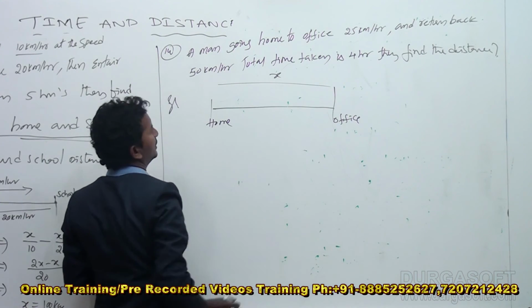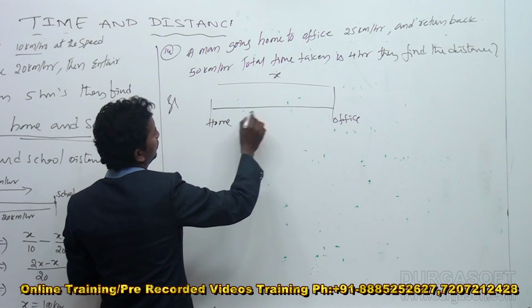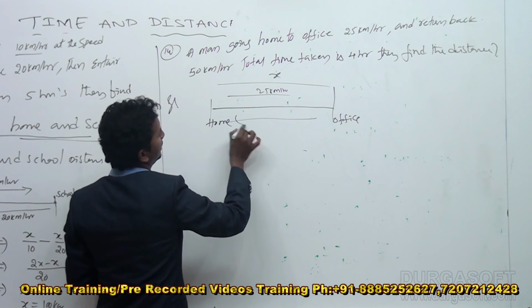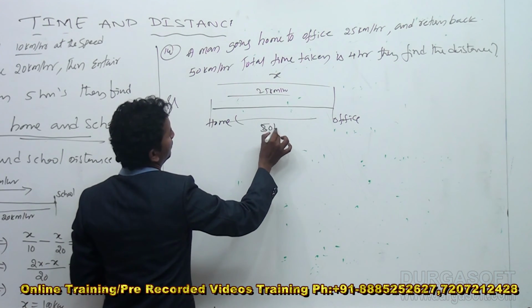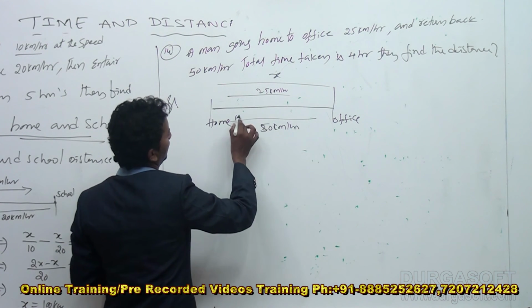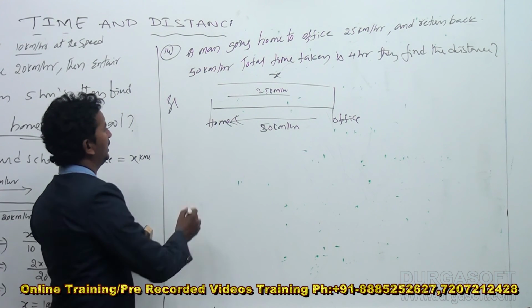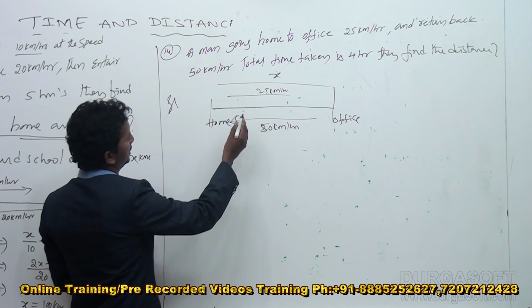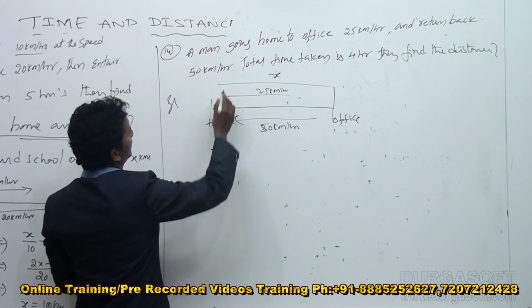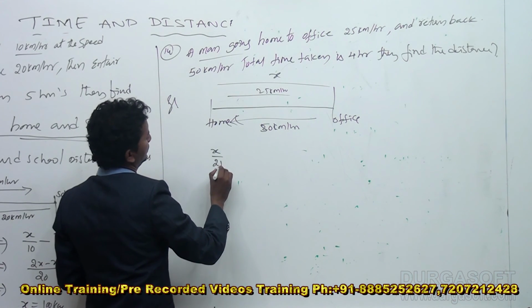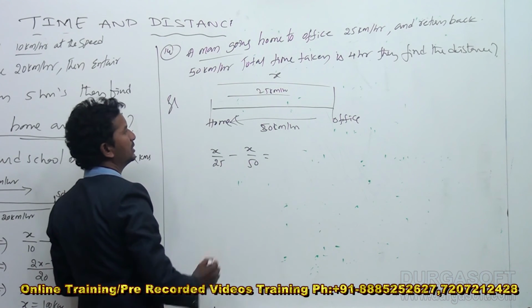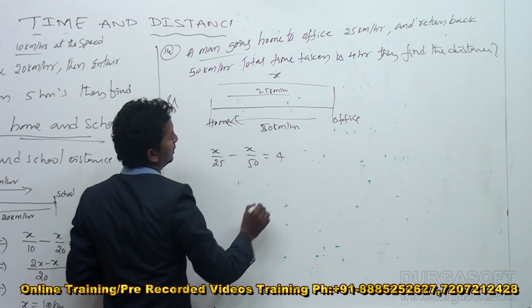So x by 25 minus x by 50 is equal to the total time taken, which is 4 hours.